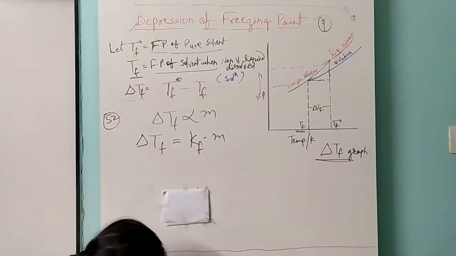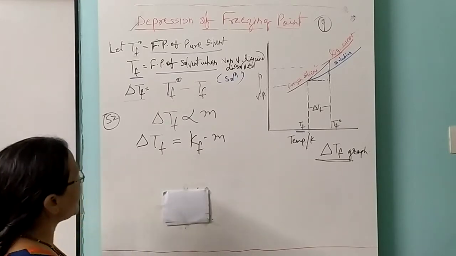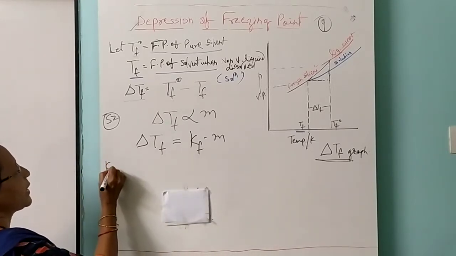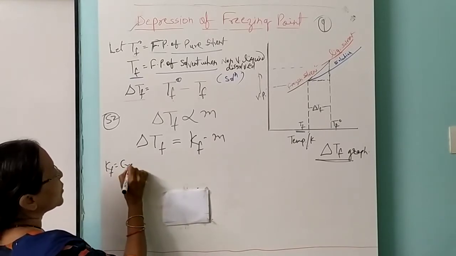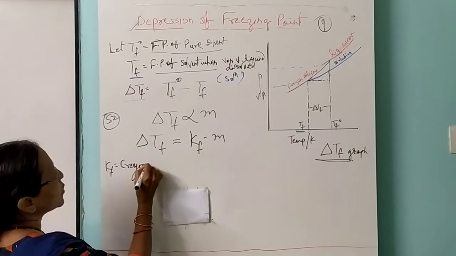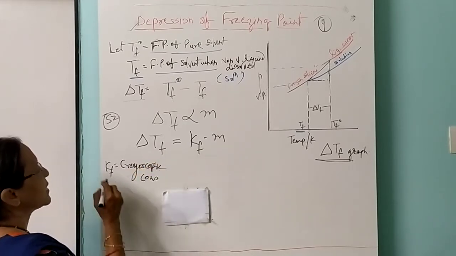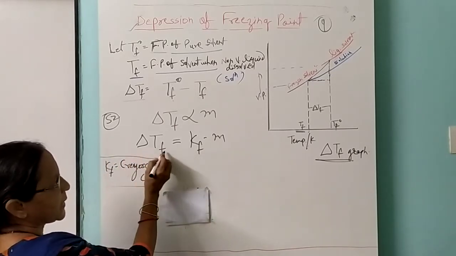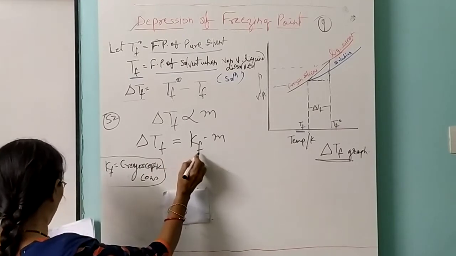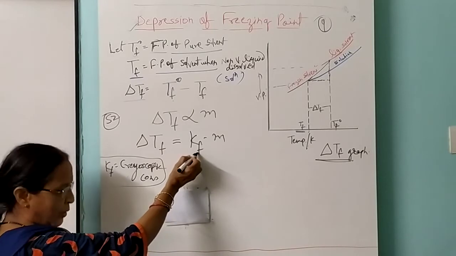This constant is also known as the cryoscopic constant. Remember this word, students. Kf is also known as the cryoscopic constant, the molal depression constant. So delta TF is equal to Kf into m.